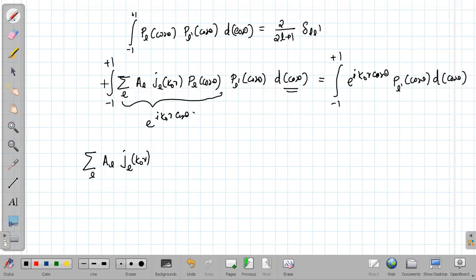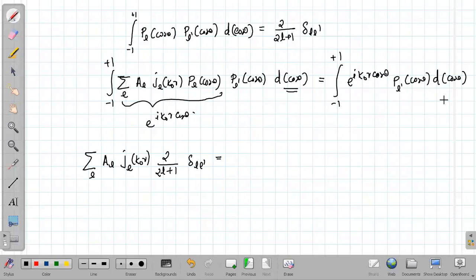If you take all the constants with respect to theta outside, we get an integration that has this orthogonality condition, PL cos theta PL prime cos theta d cos theta, and its result is simple. It is 2 upon 2L plus 1 Dirac delta, sorry, Kronecker delta LL prime, which is equal to this integration.